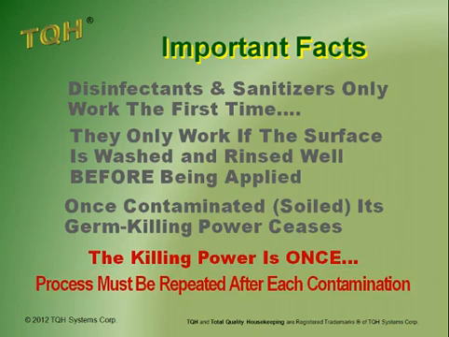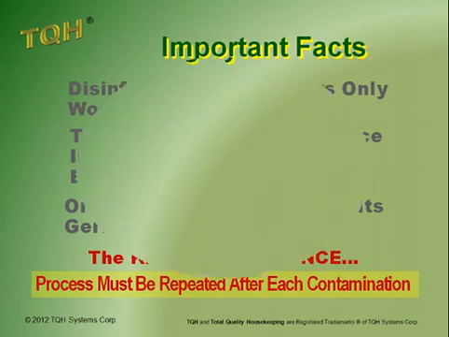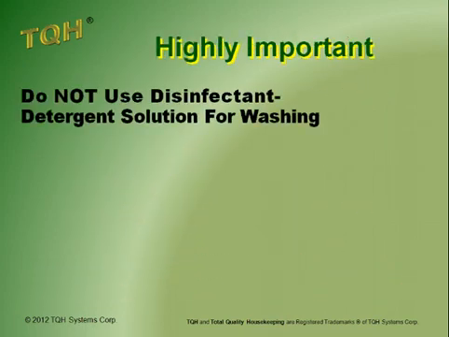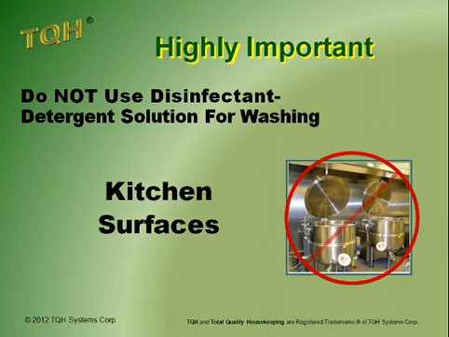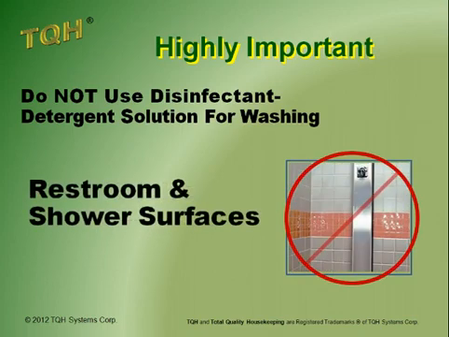Killing power is available the first time, only once. And once it gets contaminated, the process must be repeated after each contamination. Do not use disinfectant detergent solutions for washing down these areas.